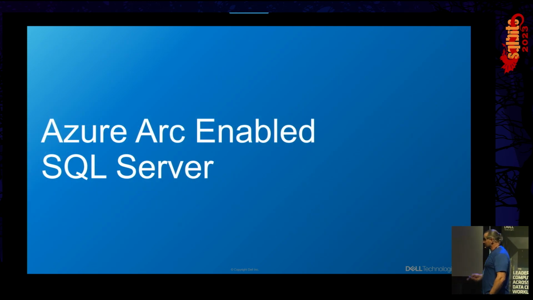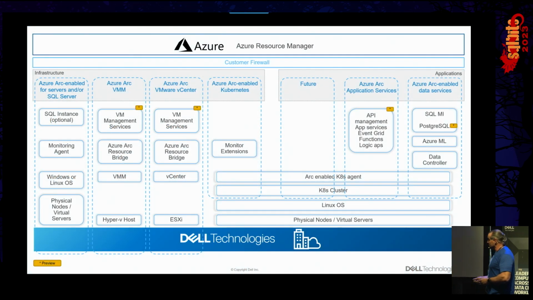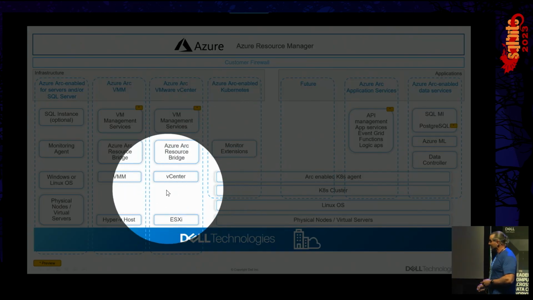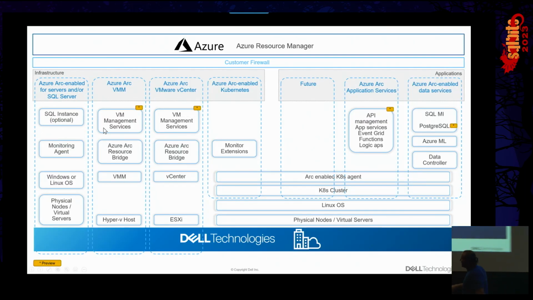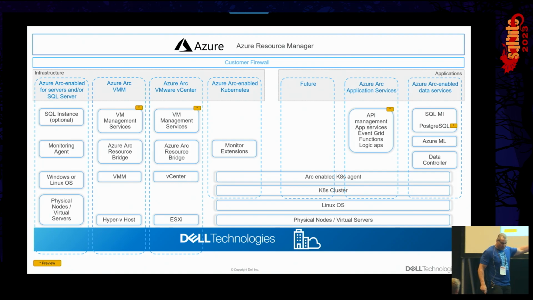So Arc-enabled SQL Server, this is a SQL Server conference. There's a few different things here. And this is the slide I put together a while back. Way over here is Arc-enabled SQL Server, which is different than what's way over there on that side, which is Arc-enabled data services, but the SQL MI, and we'll get there in a second. This is enabling a server, could be SQL, doesn't have to be, Windows or Linux, physical or virtual, and you get all the goodness.